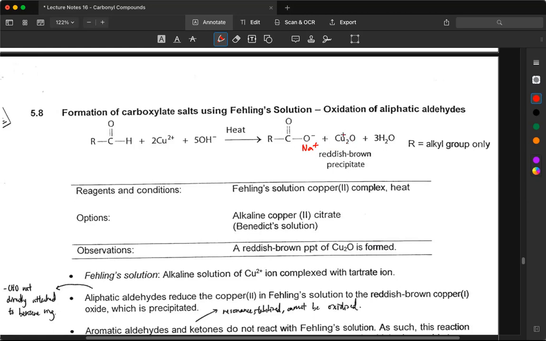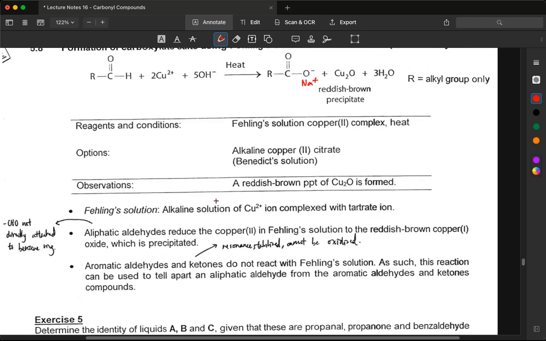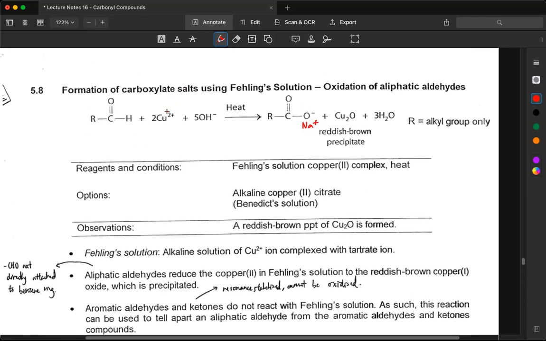Okay. In bio, they call it brick red precipitate. Here, we just call it reddish brown precipitate. All right. So what happened is the Cu2O forms, the H comes out to form water, then Cu2O. One of the O comes out to form here. All right.